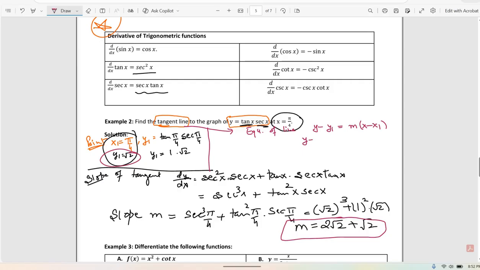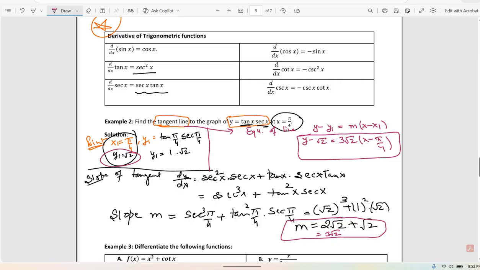So y minus y1, which is root 2, equal to slope, oh, this number can actually be written as 3 root 2. So slope is 3 root 2, times x minus x1, which is pi over 4. This is your equation of tangent in point slope form. Okay. If they ask you to write it in the intercept form, you can open it up and simplify.